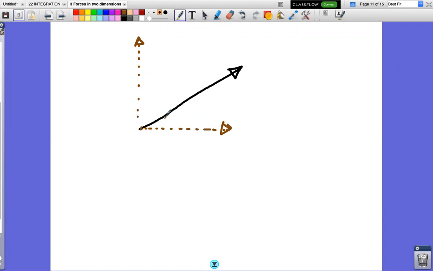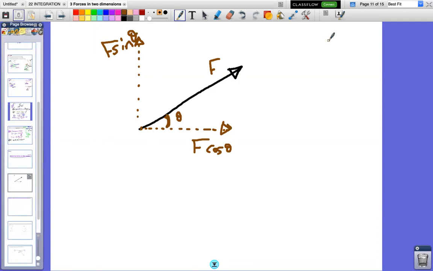If this angle is theta and this force is say F, then this component will be F cos theta, and that component will be F sine theta, right? That is what we saw yesterday.